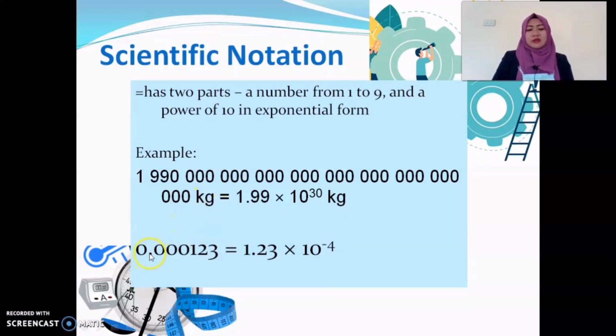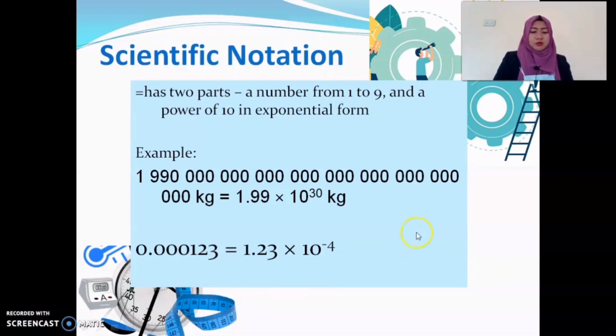However, if the decimal point is moved to the right, the exponent of the scientific notation is negative. If the decimal point is moved from right to left, the exponent is positive.